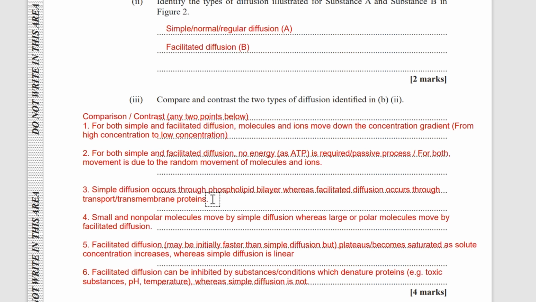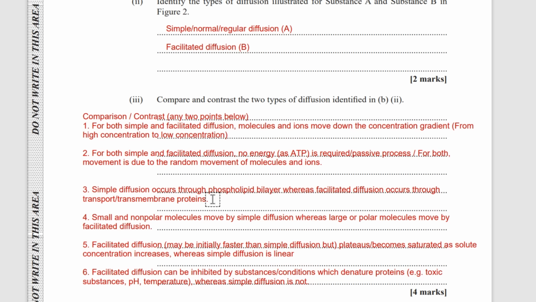Facilitated diffusion, however, is used to move bigger substances or usually polar substances. For example, glucose. Glucose is 6 carbons, 6 oxygens, and 12 hydrogens. That's a sort of big molecule, right? We could say that can't really pass through the fence. It needs to pass through a gate.